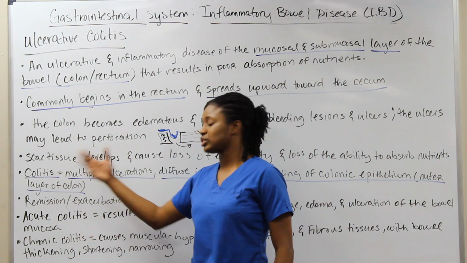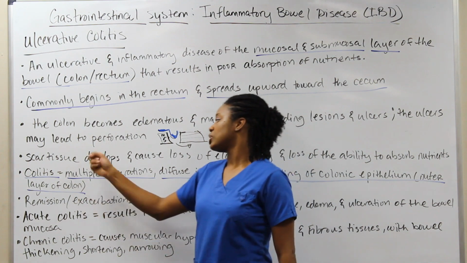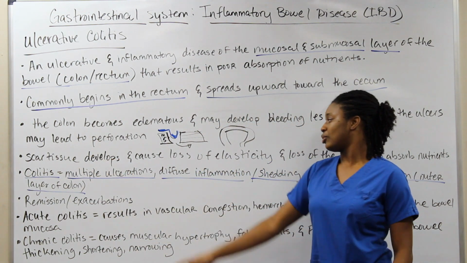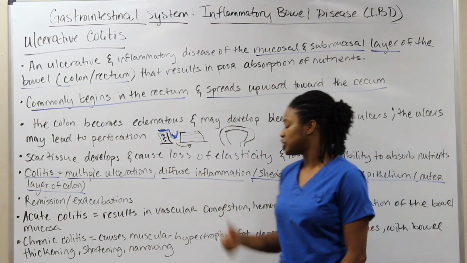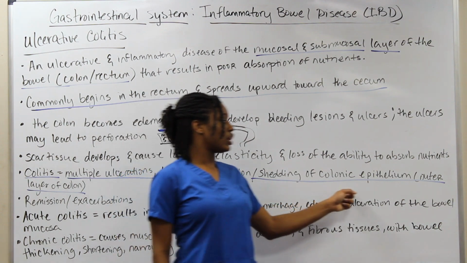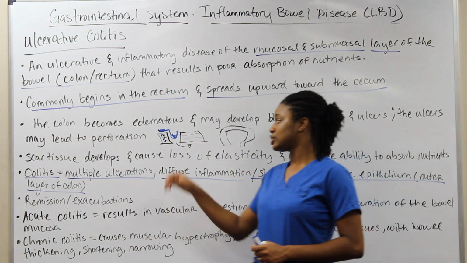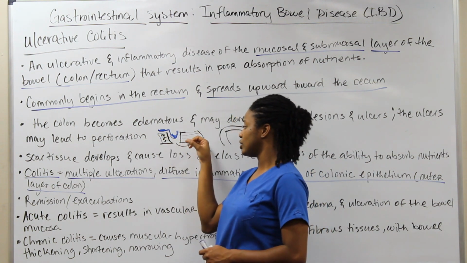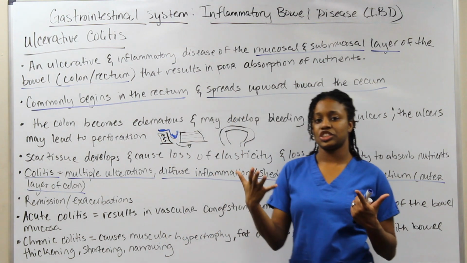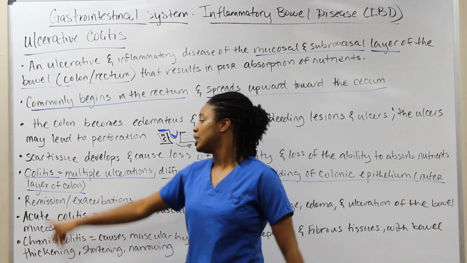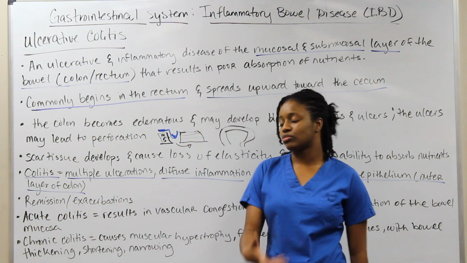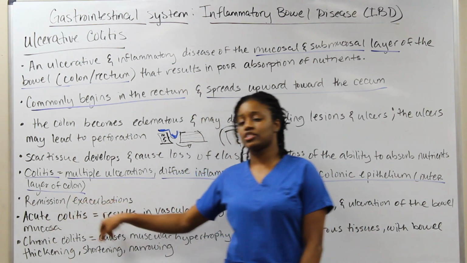Again, colitis. What does the word colitis mean? It means multiple ulcerations, diffuse inflammation and shedding of the colonic epithelial layer, which is pretty much the outer layer of the colon. So that whole layer is shedding, so to speak. It does happen the same as Crohn's disease, where it has remission and exacerbation.